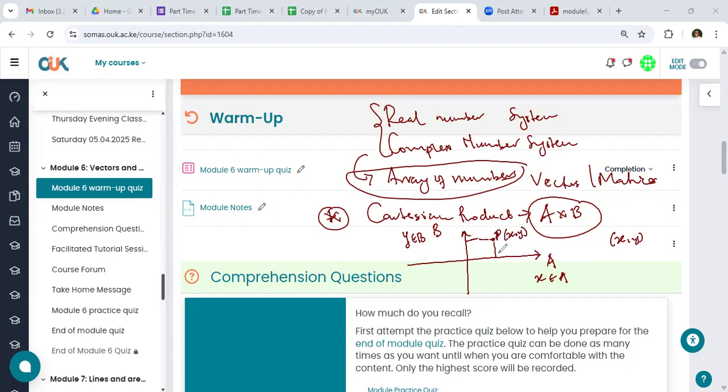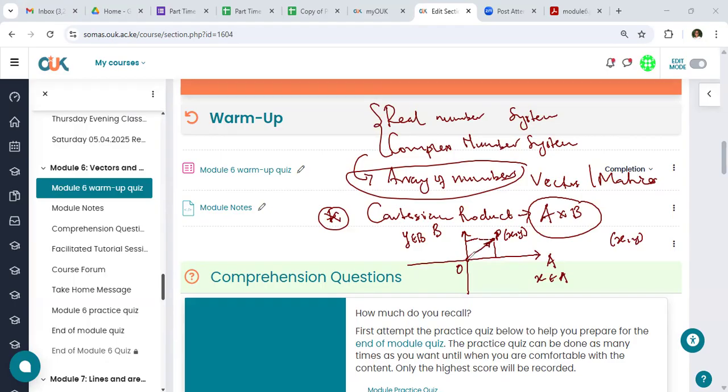Now if you consider the point of intersection being the common element, an element in A and also in B, and then you have a line segment emanating from the point. We have the origin in this case, which is the point of intersection.